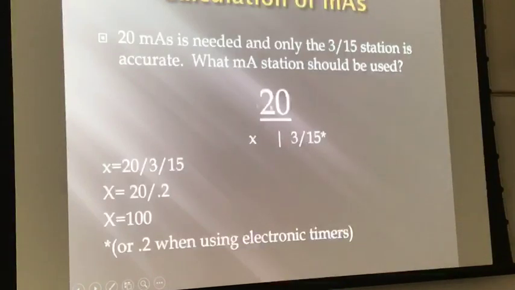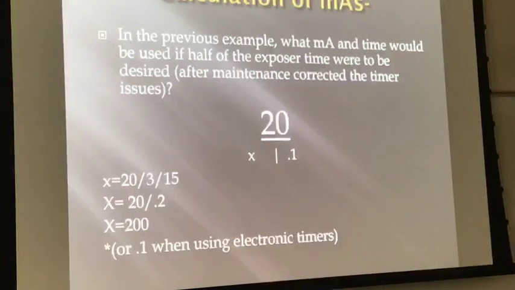So that would be the same as dividing 20 by 3/15 of a second. 3/15 of a second is the same as 0.2. So 20 divided by 0.2 would be 100. I find it easier to calculate by changing a fraction to a decimal point than working with the fraction itself. Okay.